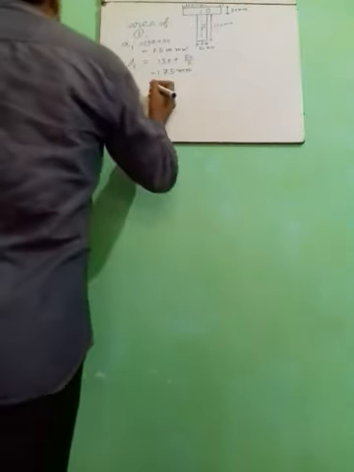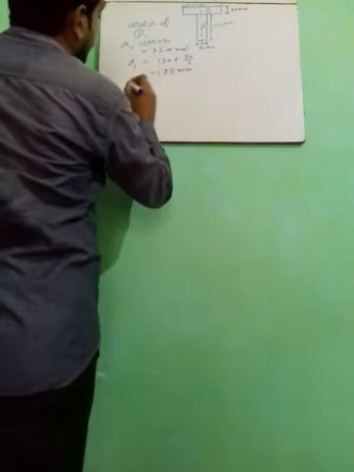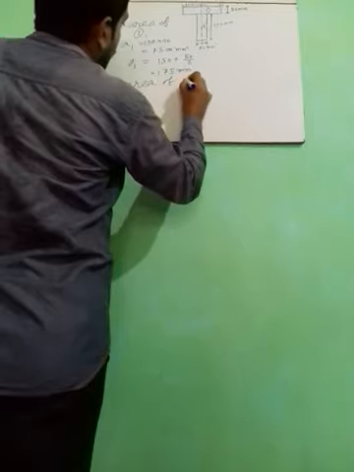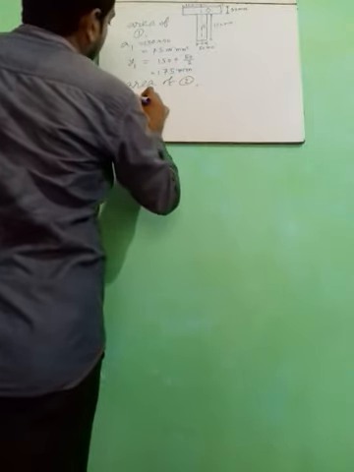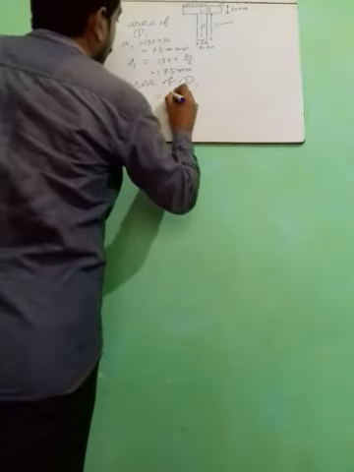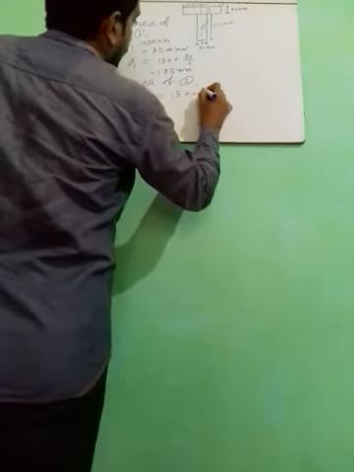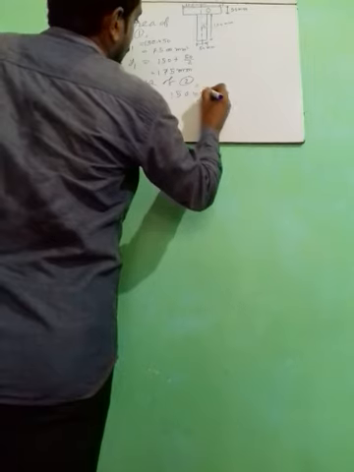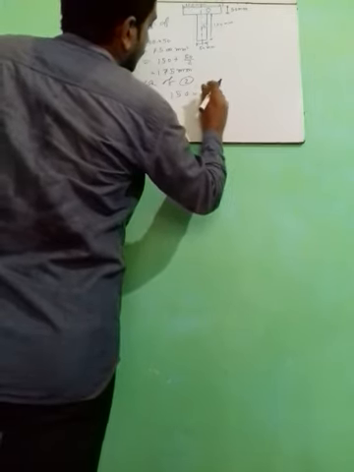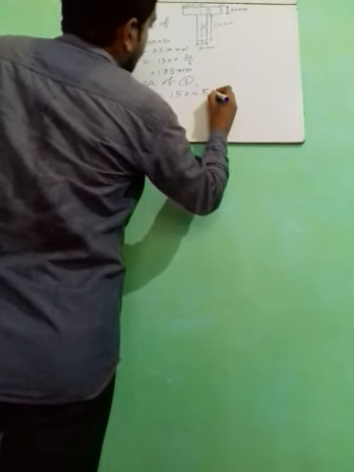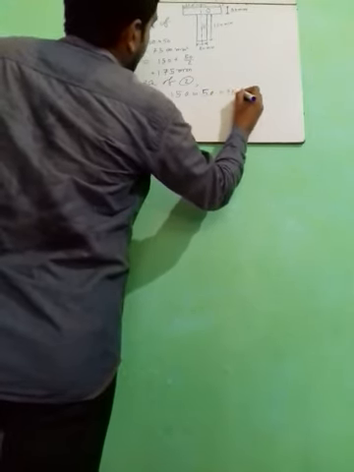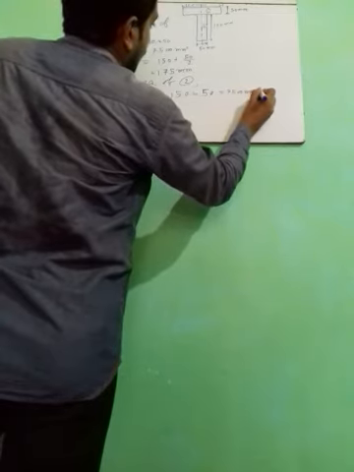Now for rectangle 2, area A2 will be equal to 150 into 50, the same value, 7500 mm square.